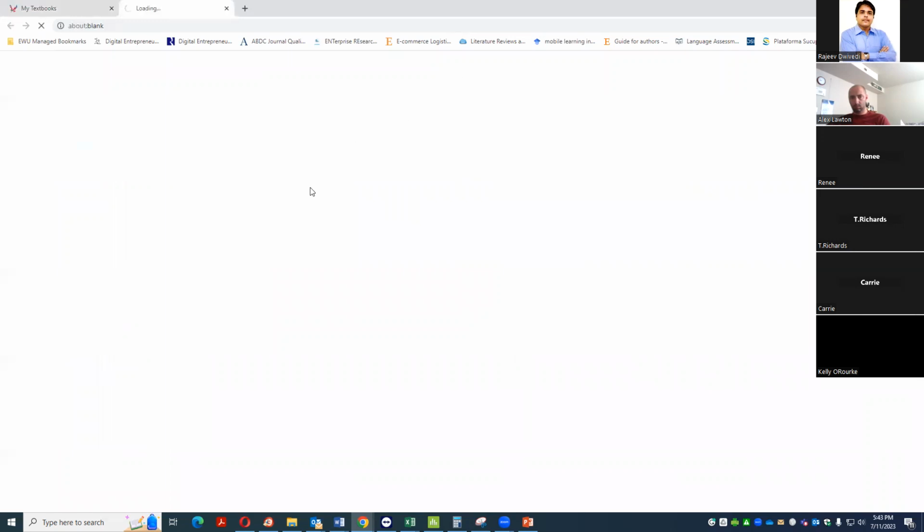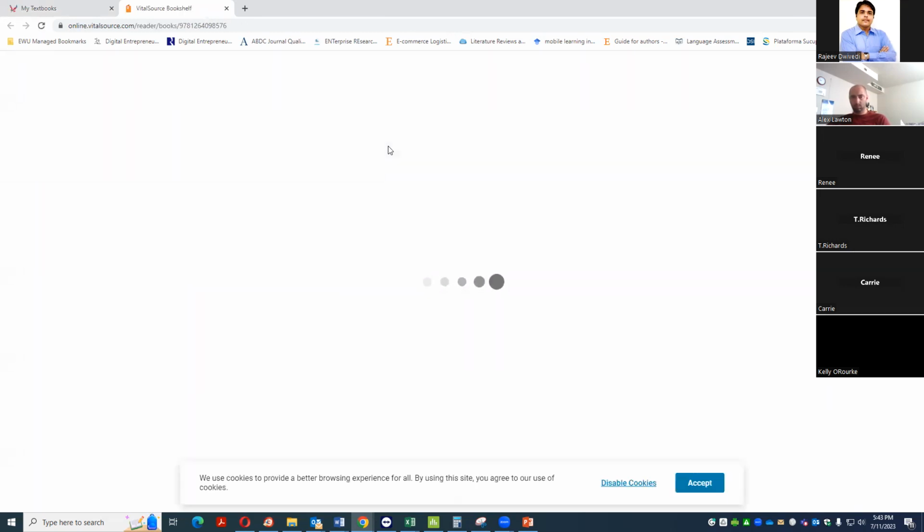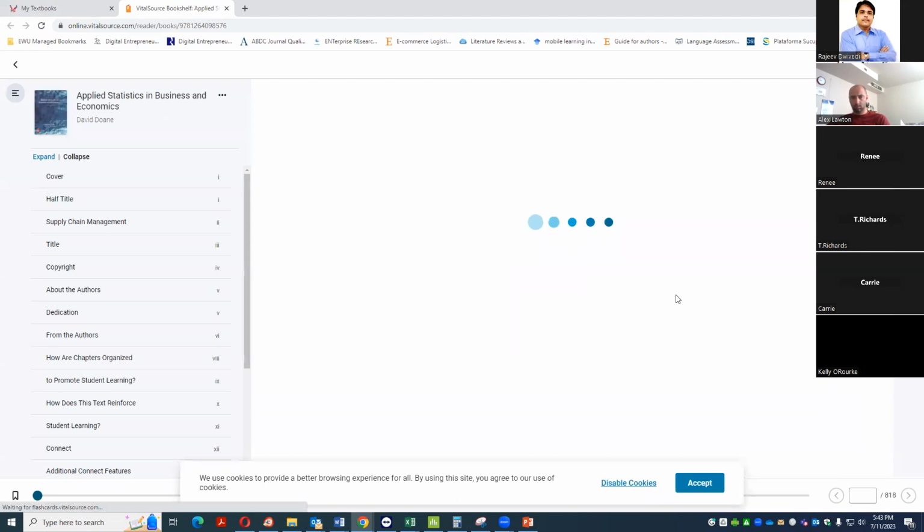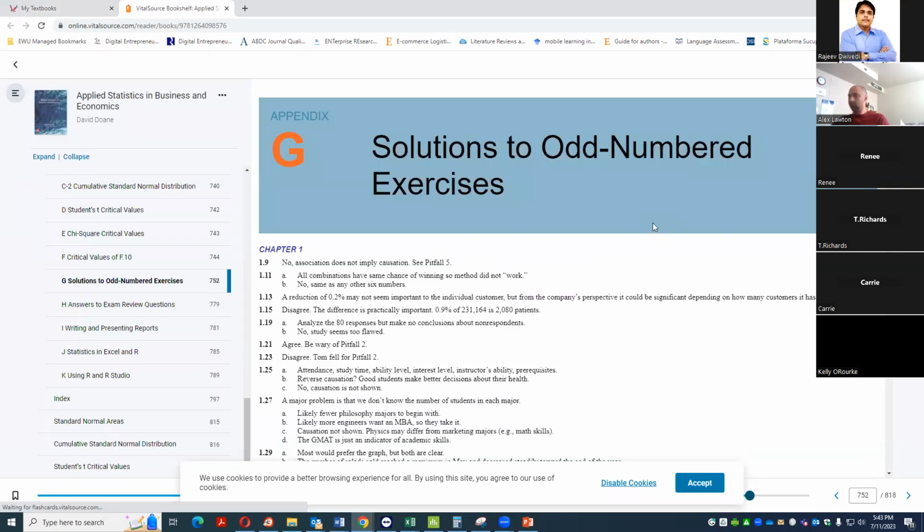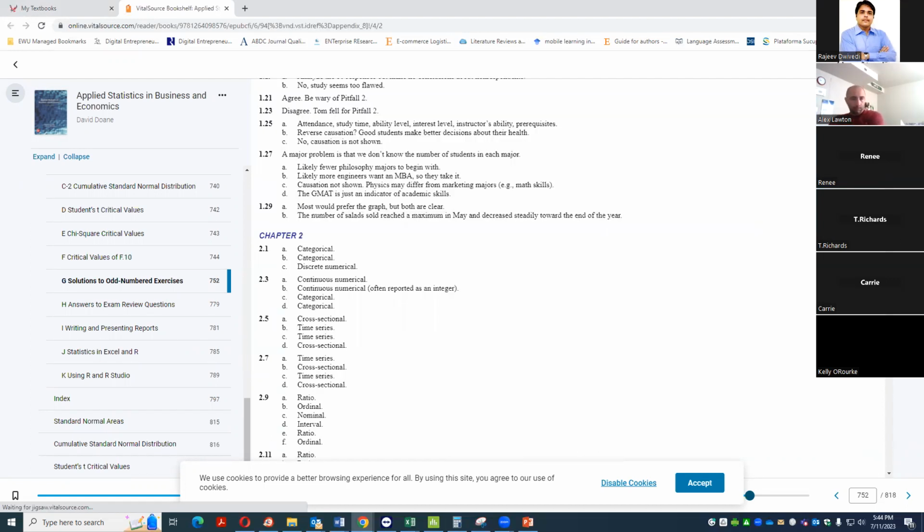And towards the end of the book, you will see the solutions of odd problems. So you will not get the solutions of problem numbers 2, 4, 6, 8, but you will get the solutions of, see here, solution to odd numbered exercises. So here you can see towards the end of the book, you will see 9, 11, 13, 15, all odd problems are solved here.